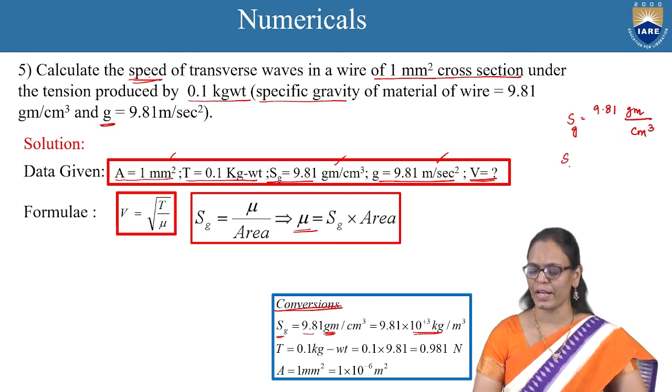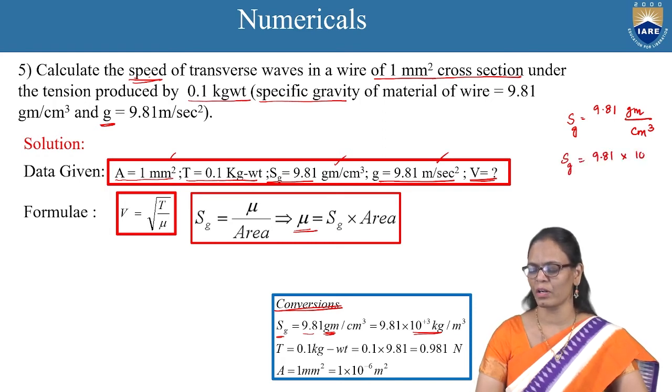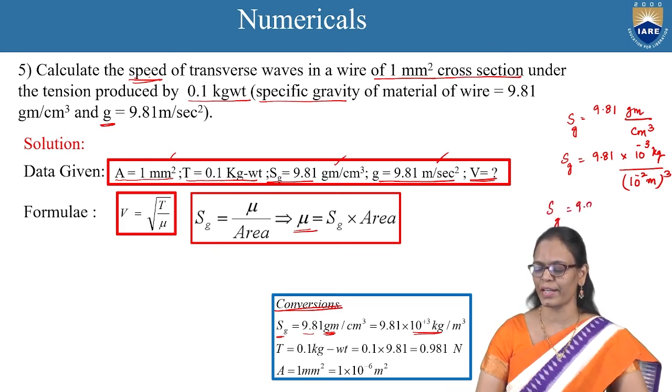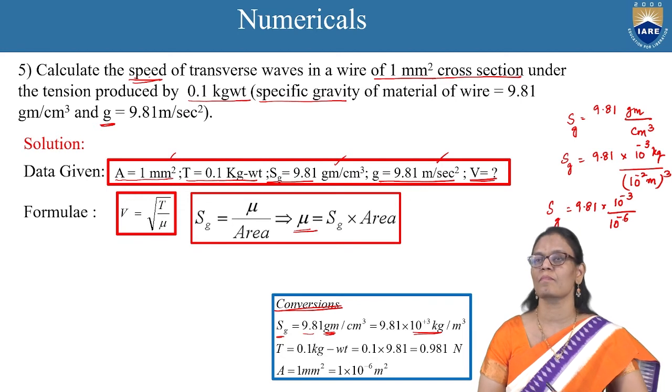So first I will write the grams in kilogram. So it will be 10 power minus 3 kg. And centimeter cube, I'll write it as 10 power minus 2 meter whole cube, because 1 centimeter is 10 power minus 2 meter. So what we are getting here, Sg is equal to 9.81 into 10 power minus 3 upon 10 power minus 6.